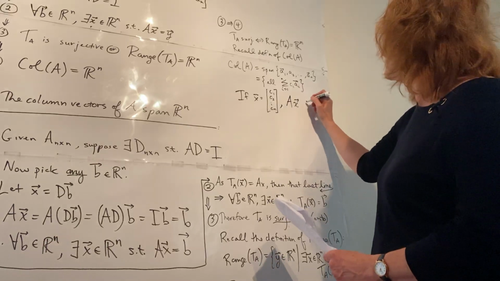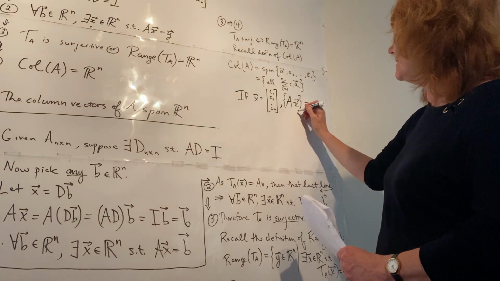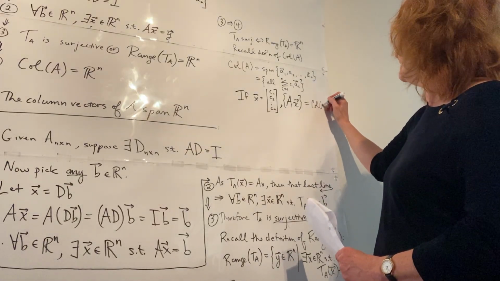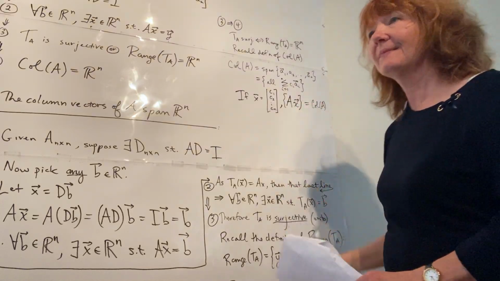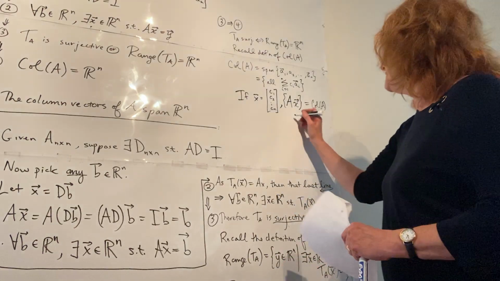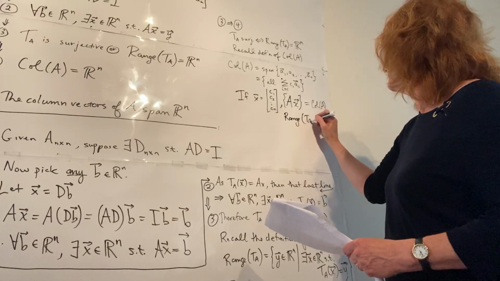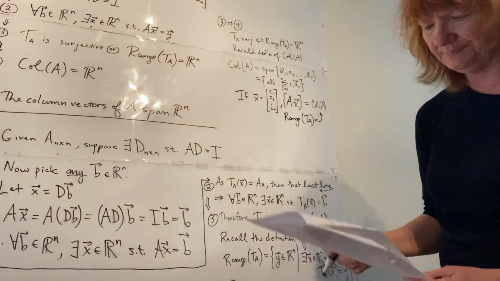Well, that means that the set of all these images under the T sub A map, well, that's equal to the column space of A. The images of T sub A means we're talking about the range of T sub A. And so we have the range of T sub A is equal to the column space of A.